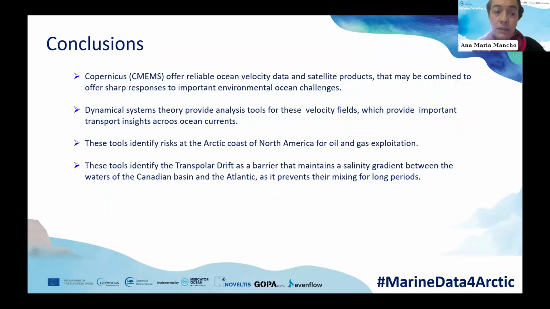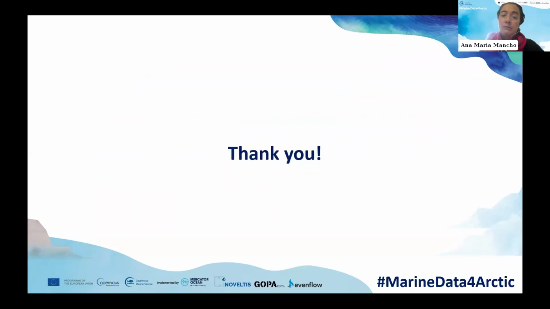In this presentation I have used these tools to identify risks in the Arctic coast of North America for oil and gas exploitation. And also these tools are able to identify the transpolar drift as a barrier that maintains this salinity gradient between waters of the Canadian Basin and the Atlantic, as it prevents their mixing during long periods. Thank you very much for your attention.